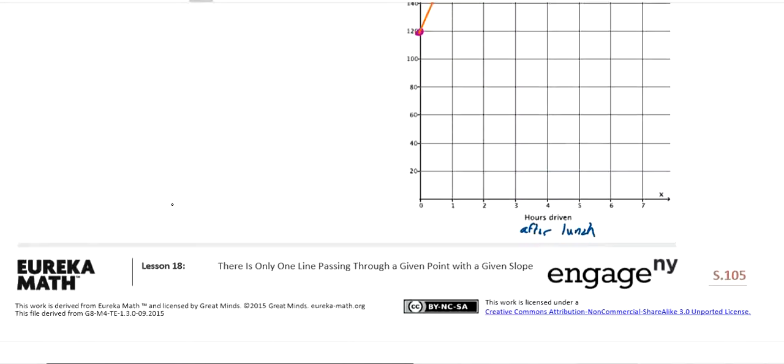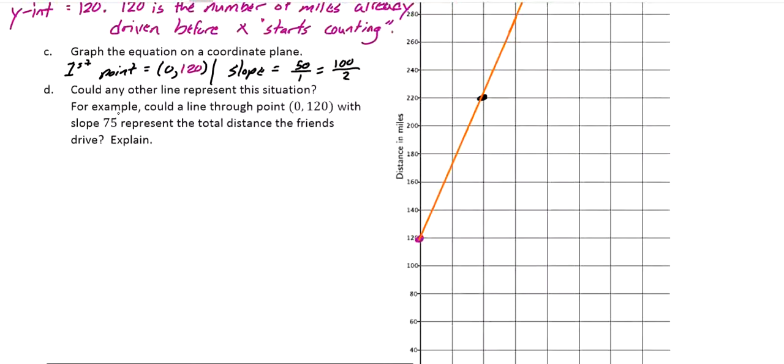Now part D, the last thing we have to answer. Could any other line represent this situation? For example, could a line through the point 0, 120 with a slope of 75 represent the total distance the friends drive? Explain. Let's look at what would happen there. They give us an x value of 0 and a y value of 120.